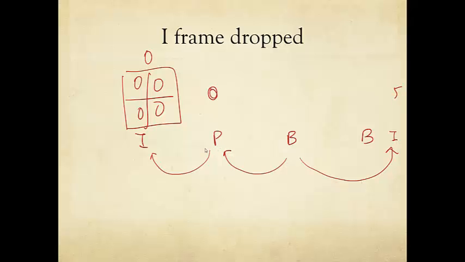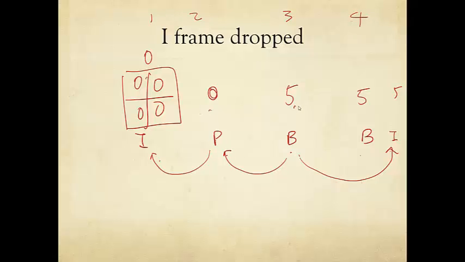So there's my P, there's my I. The P one is just copying from a dropped packet. Then the B frame will say, I have to look at the one after me, and that one is 5, so I'm going to use 5. Same story for this B frame. That's 5.